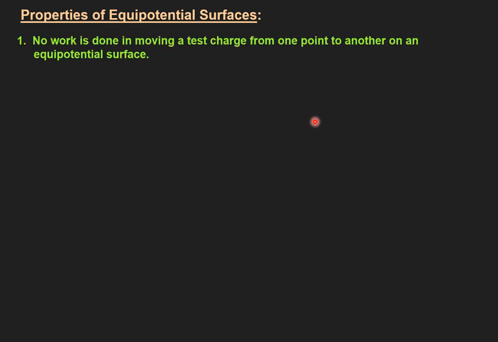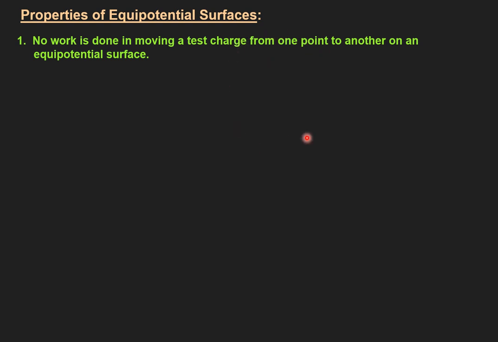So the first important property is what? No work is done in moving a test charge from one point to another point on an equipotential surface. Suppose I have a point charge, the source charge positive q. Any spherical surface of a given radius will be treated as an equipotential surface.